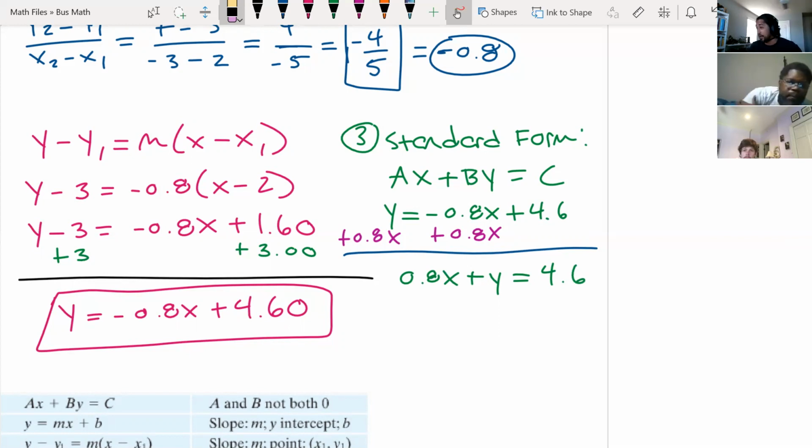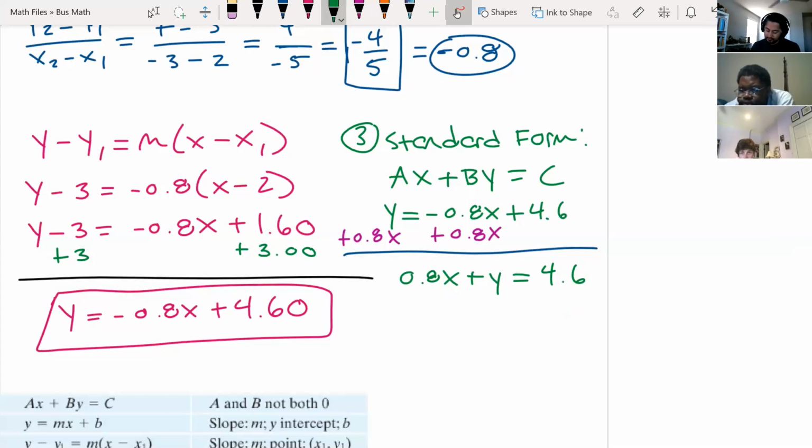It'll get us out of there. But let's think smaller. Let's think about what place the decimals are in. Oh, 10. The tenths, right? So this 8 and this 6 are in the tenths place, which means if you want to get them out of the decimal, you're going to multiply by 10.